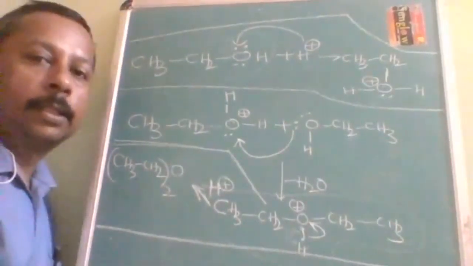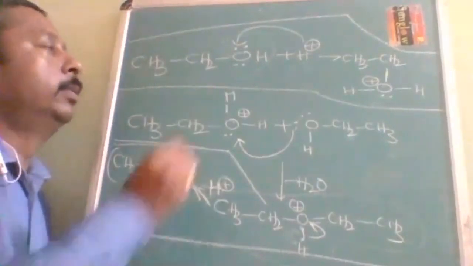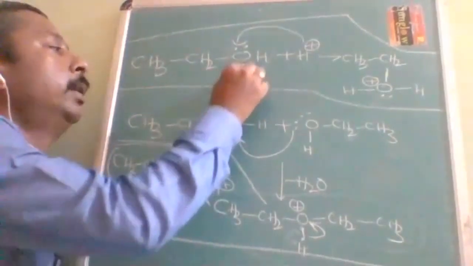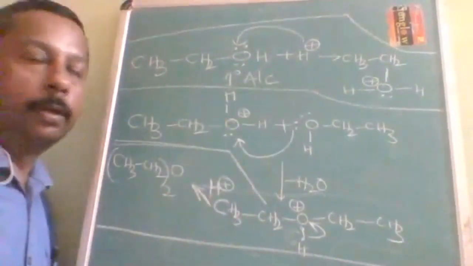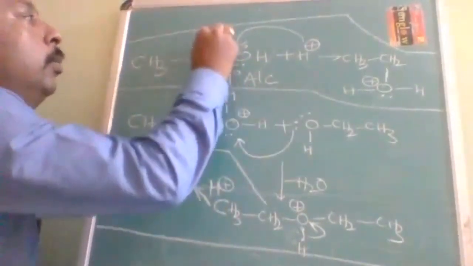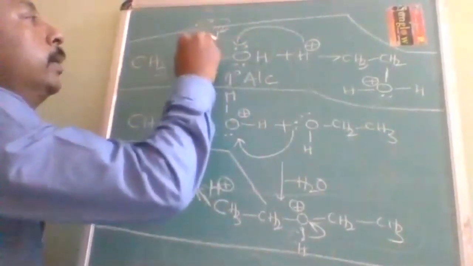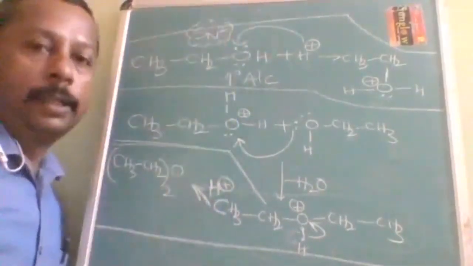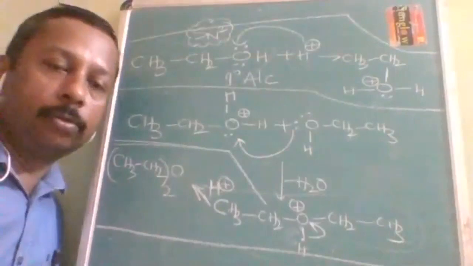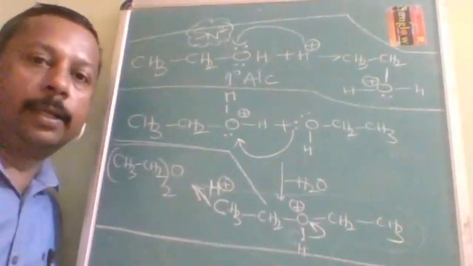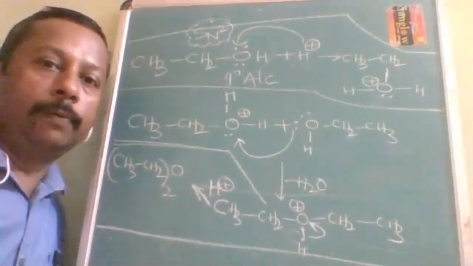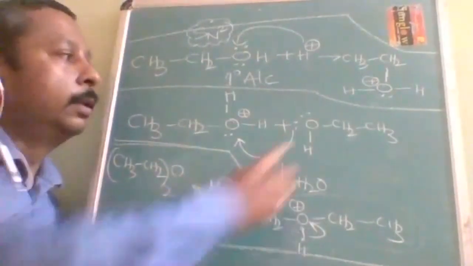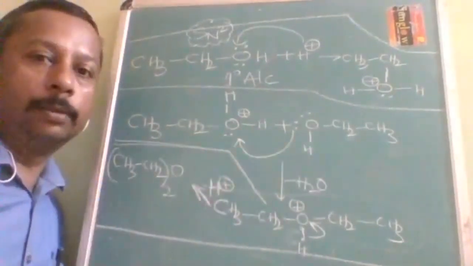This type of reaction is possible only if it is a primary alcohol, because the Sn2 rate-determining step depends on steric hindrance. For Sn2 to occur, steric hindrance must be least. So if you take a 2-degree alcohol or a 3-degree alcohol, this attack is not possible.